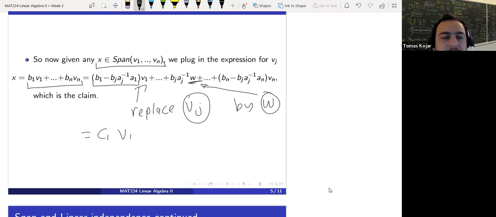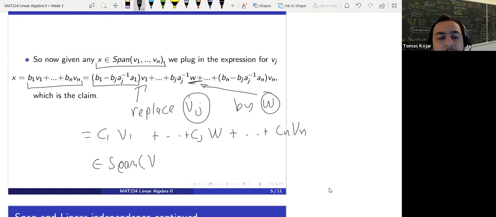So I get C1V1 all the way to CjW, all the way to CnVn. And this is an element of the span of V1, W, Vn. So we'll continue our proof on Friday as a prelude to basis. Okay, thank you.